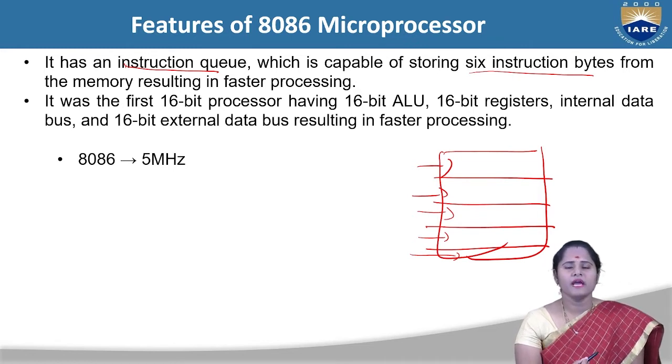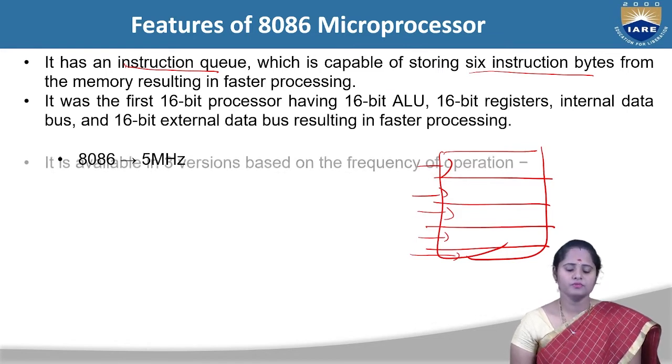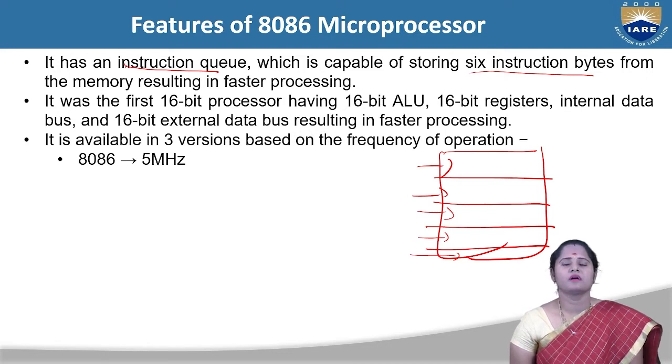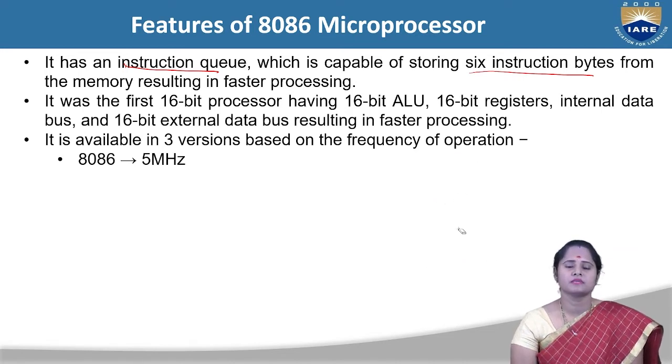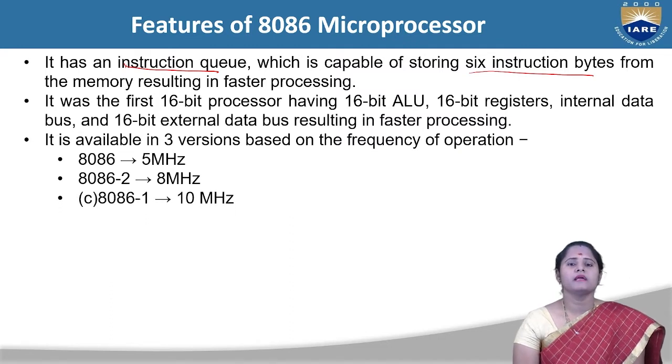Next, we have a 16-bit processor, a 16-bit ALU, and a 16-bit register, internal data bus, and 16-bit external data bus, resulting in faster processing. Another advantage is the frequency of operation of the 8086. The 8086 microprocessor can work at three frequencies: 5 megahertz, 8 megahertz, and 10 megahertz.